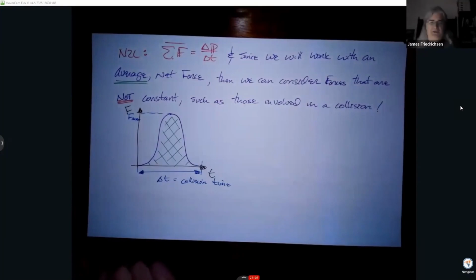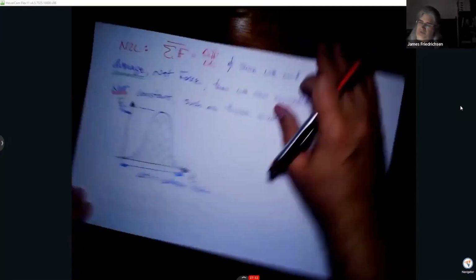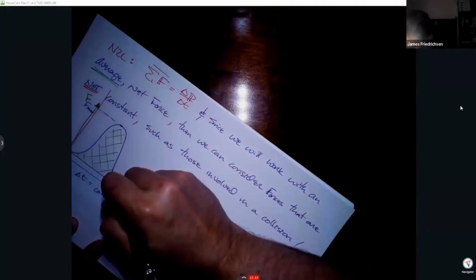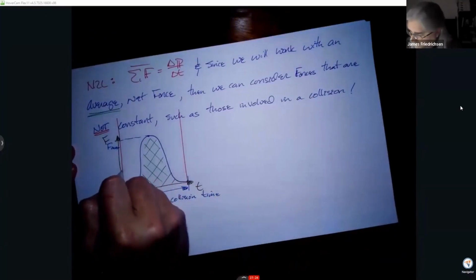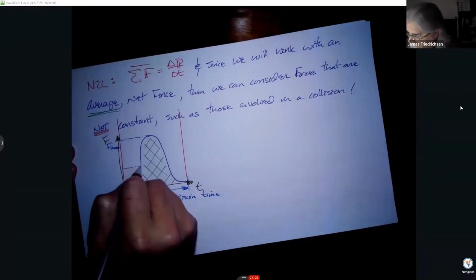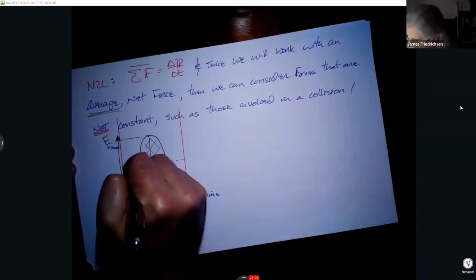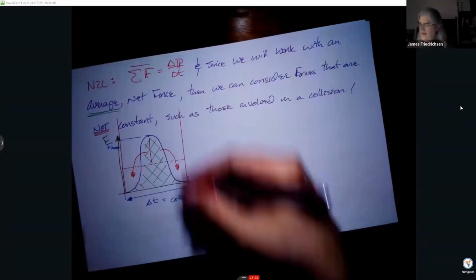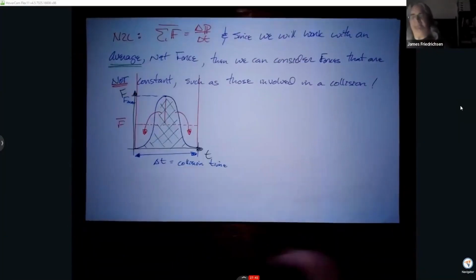And so then what we would do is we'd look at this interval over which the force acts. And if we're going to work with an average value, then it's just like what we had talked about before: we want to figure out where we would cut the graph so that the area above the cut line would fill in any gaps or holes below the cut line. Wherever we find that cut line, that's where our average value would sit.